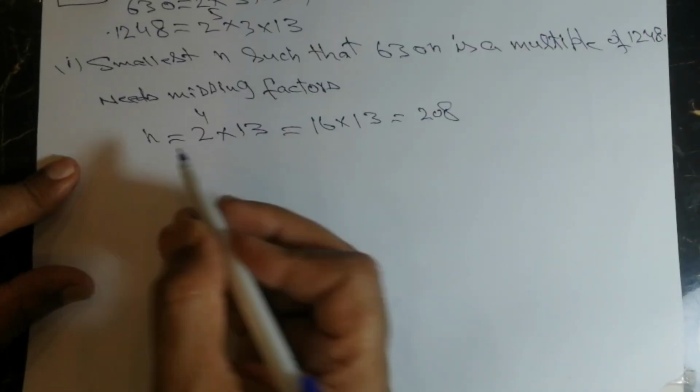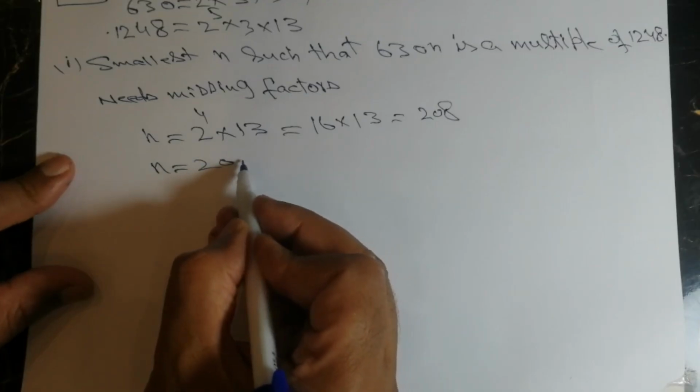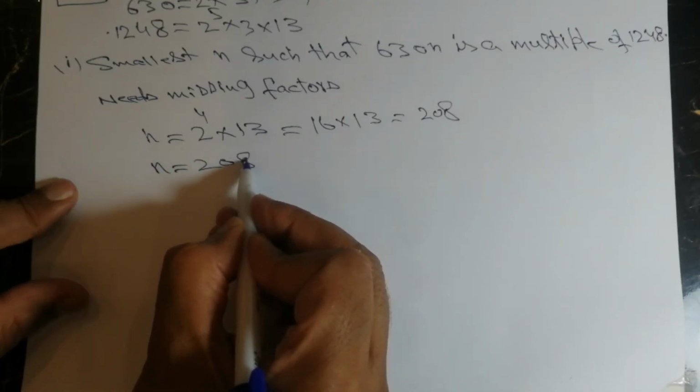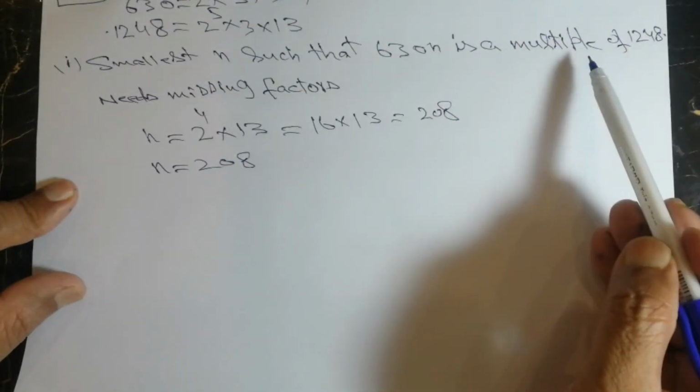So this is the requirement, n should be equal to 208. Then it will be a multiple of this number.